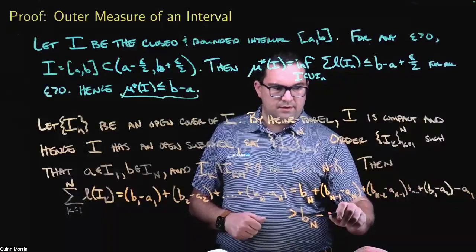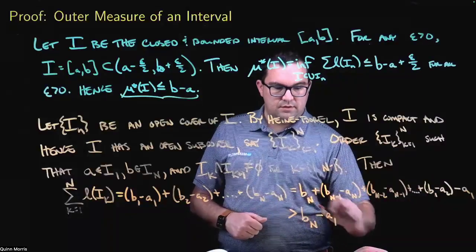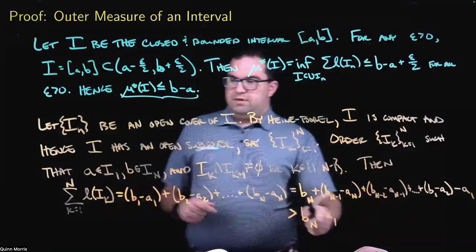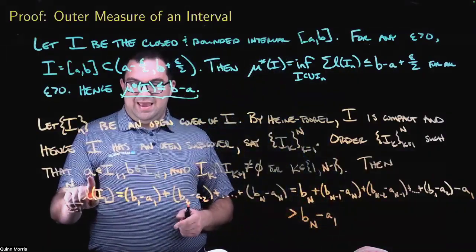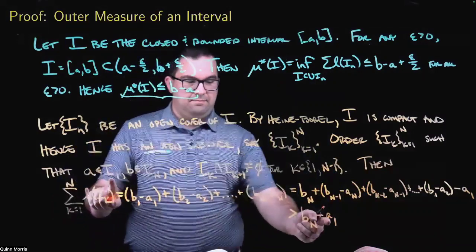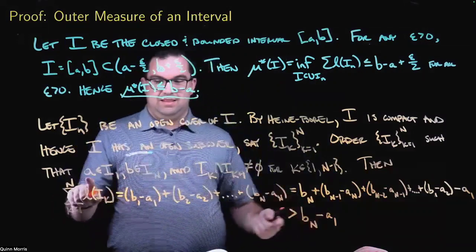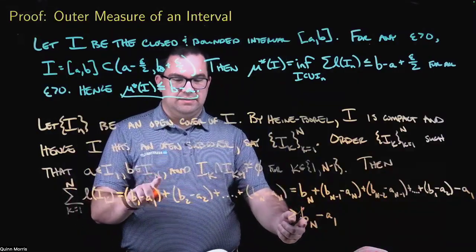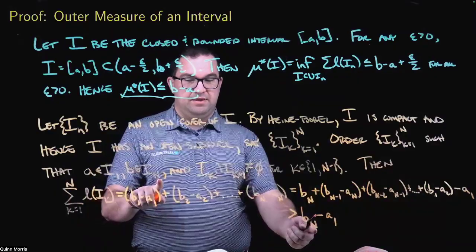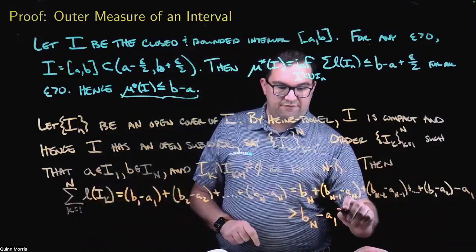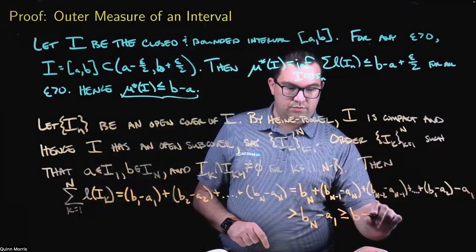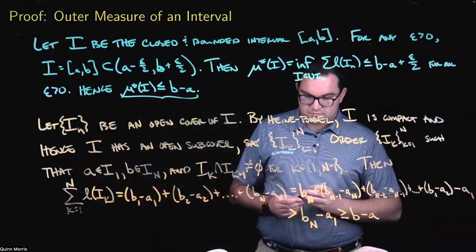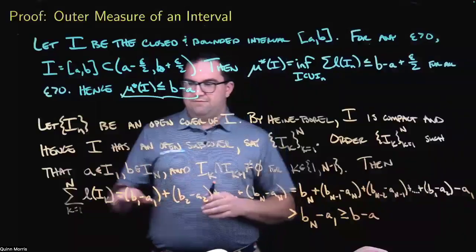So I get B sub N minus A sub 1. But again, given that A was in the interval I1, that means A1 must have been less than A. And given that B is in I sub N, B sub N must be greater than B. And so this difference is greater than or equal to the difference B minus A. And so what do I have?